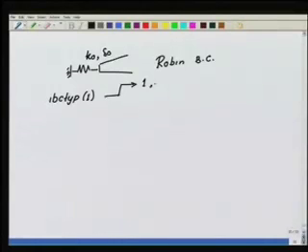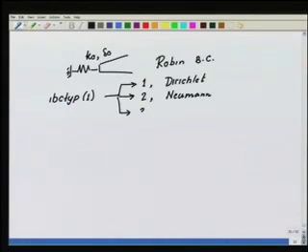It is 1 when it is Dirichlet, 2 when it is Neumann, and 3 when it is Robin or mixed. When it is Dirichlet, we have to input the displacement value at this end, U0 bar.